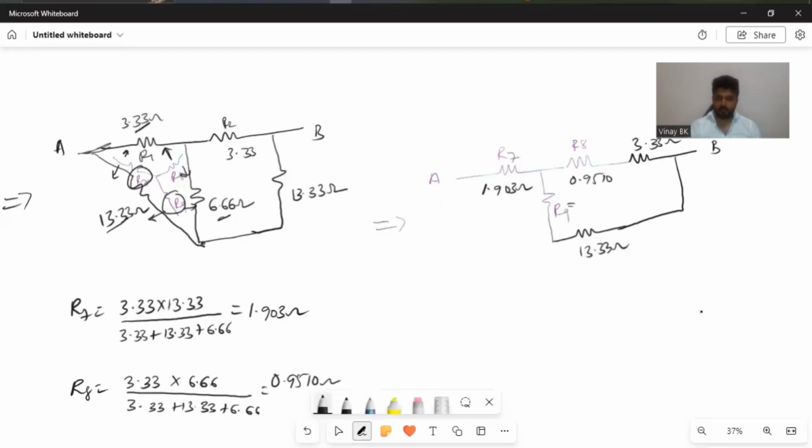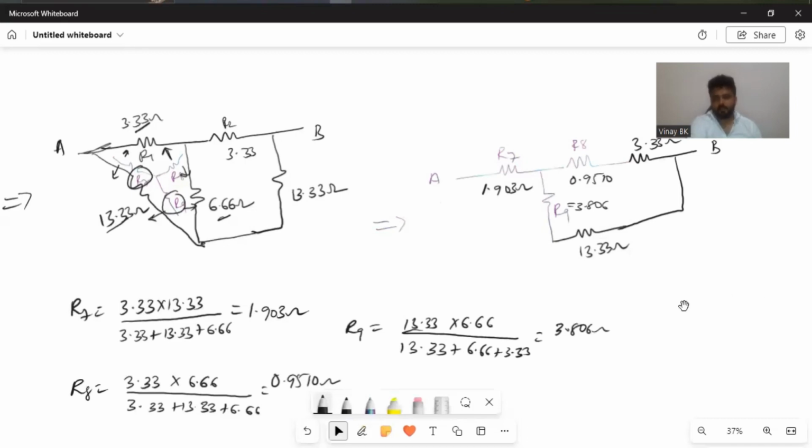R9 is 3.806 ohm. So now we can easily reduce the network.